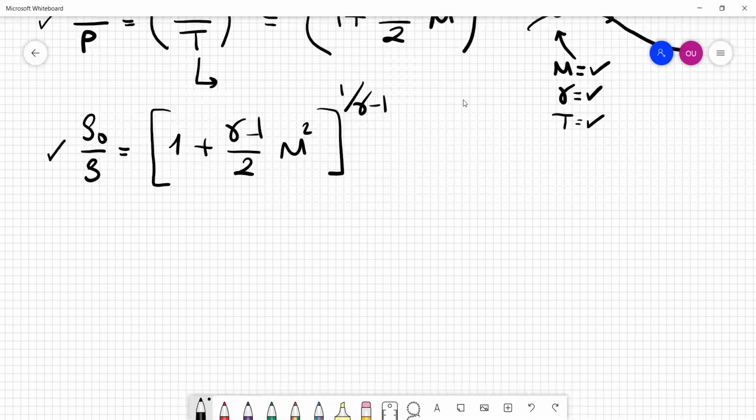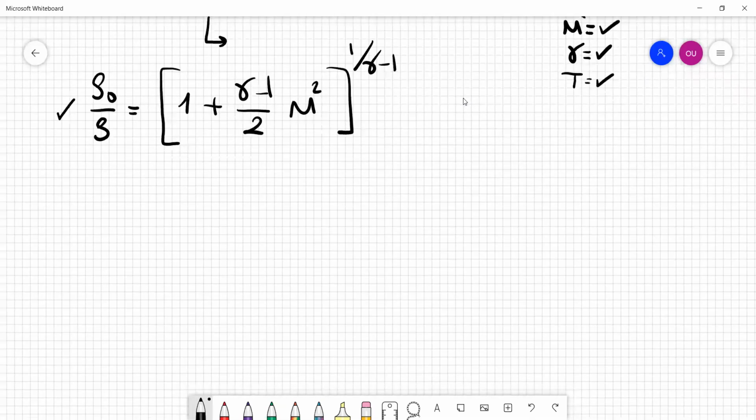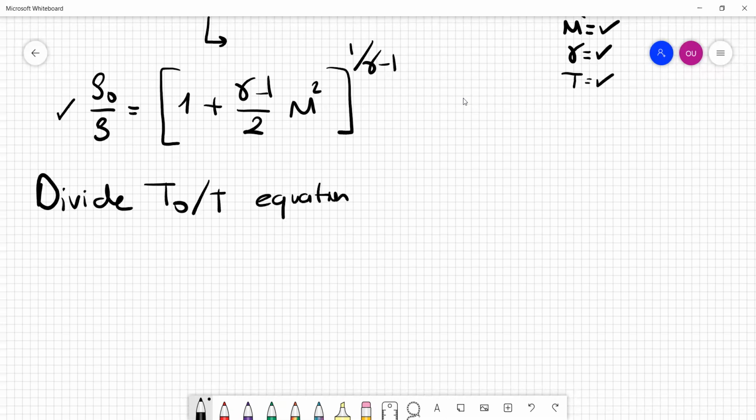In fact, there's one more interesting thing. For example, we have the T0 over T relation, so divide the T0 over T equation by the T star over T equation.